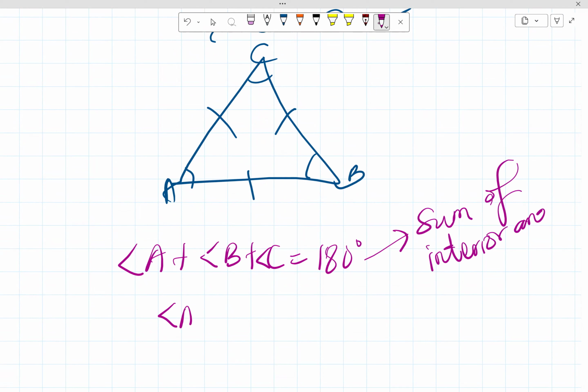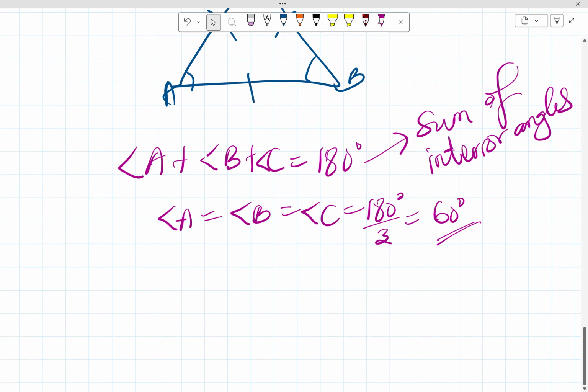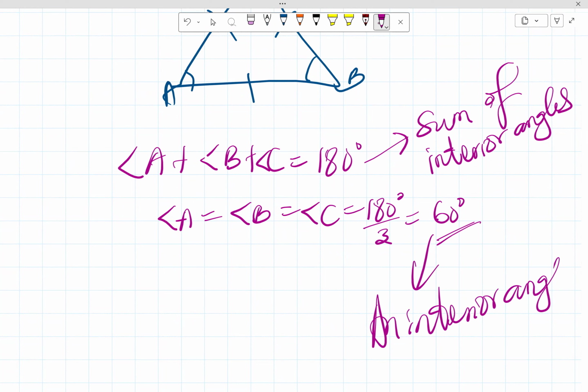Angle A is equal to angle B is equal to angle C. I've done this before, but I'm doing it again. Since the three of them are equal, we just divide, each angle will be 180 over 3. That is 60 degrees. This is an interior angle of that triangle.